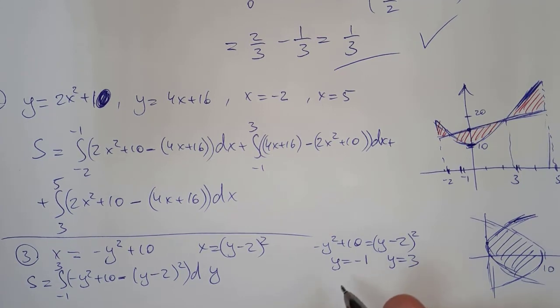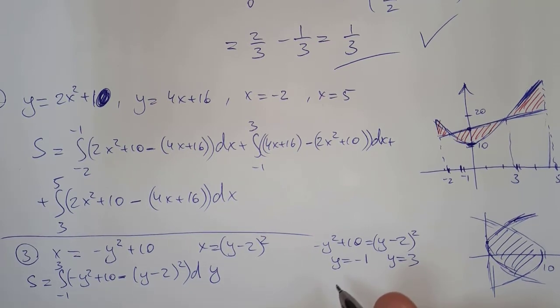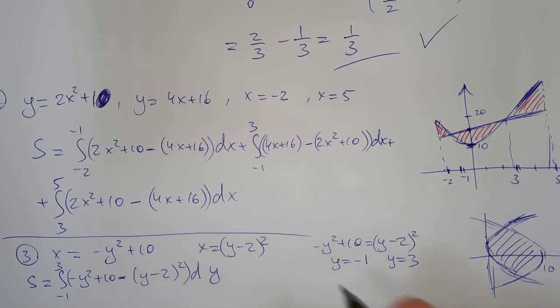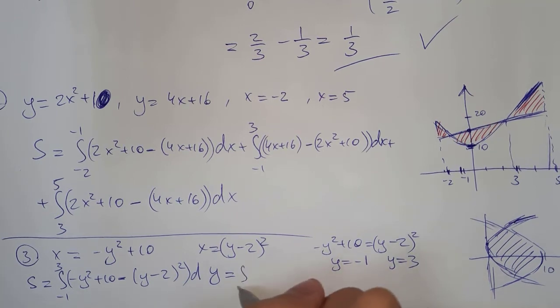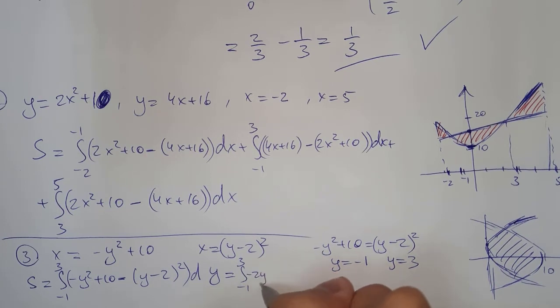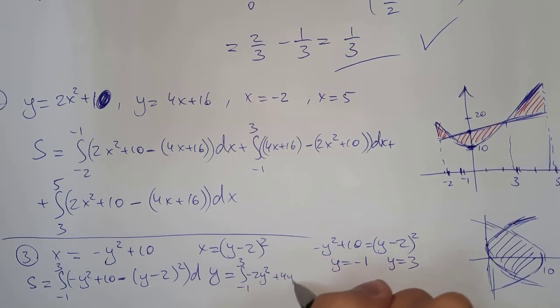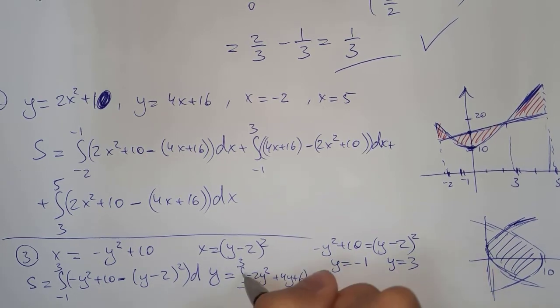When we compute this integral, this is very easy to compute, and it will be the integral from -1 to 3 of -2y squared plus 4y plus 6 dy.